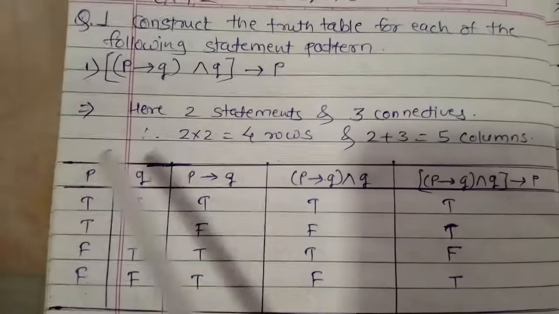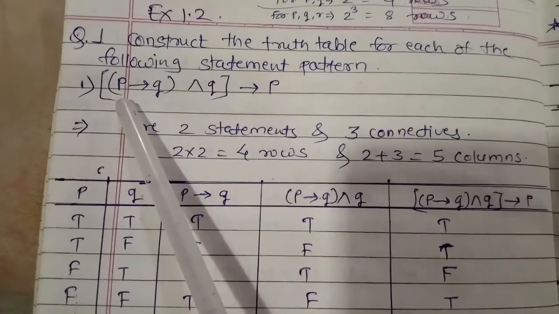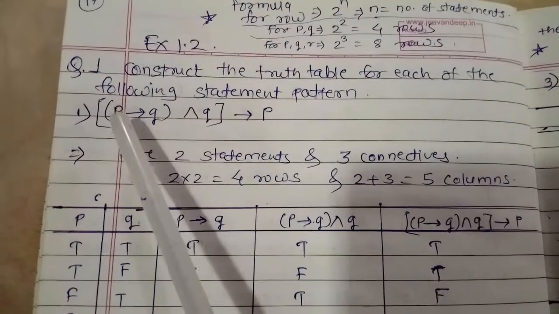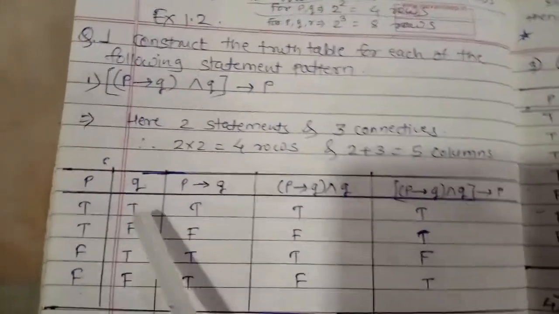Now see how to write down. You know that for every simple statement there are 2 truth values, true and false. So you know how to draw this one.